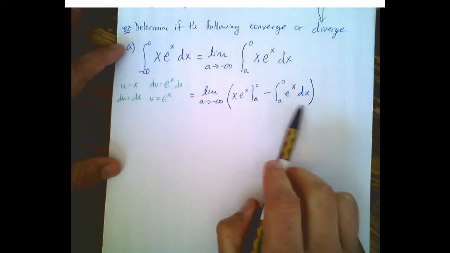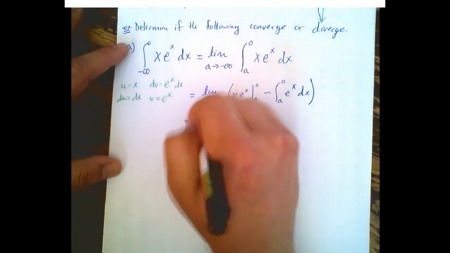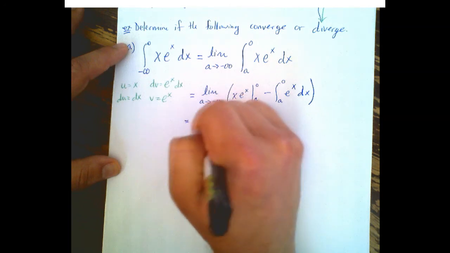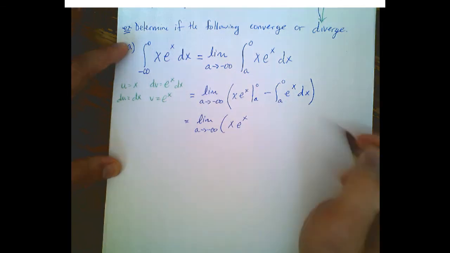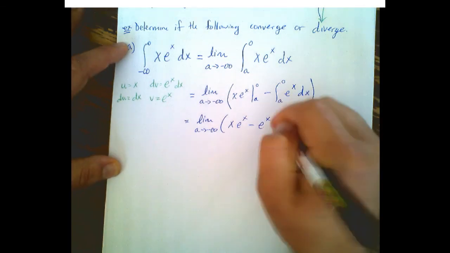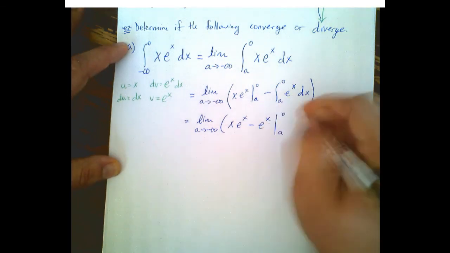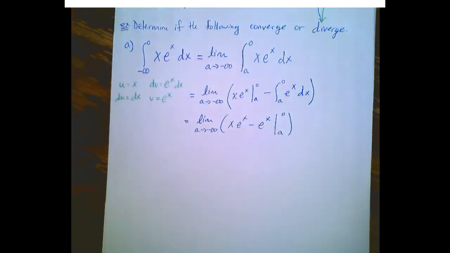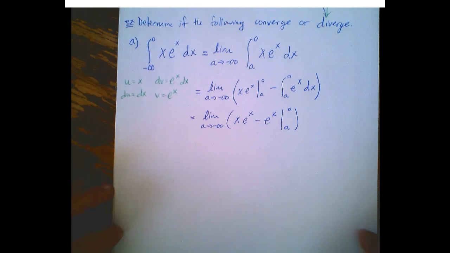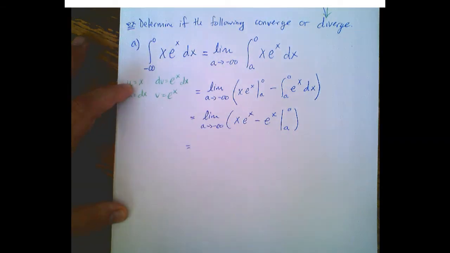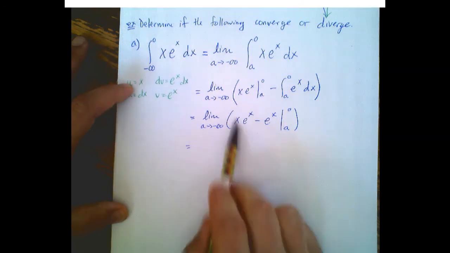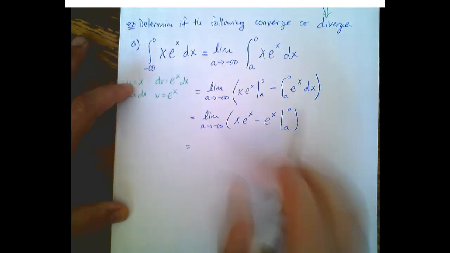We can evaluate the second integral fairly simply, so let's just write it all as one evaluation. So we get x e to the x minus e to the x from a to 0. So, evaluate at 0, we'll get 0 minus 1.